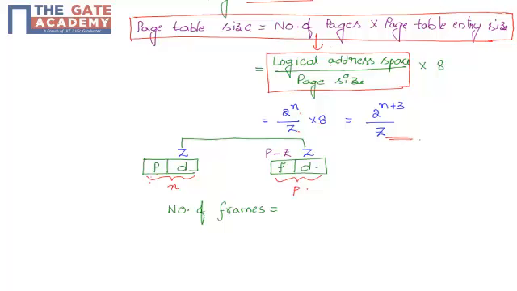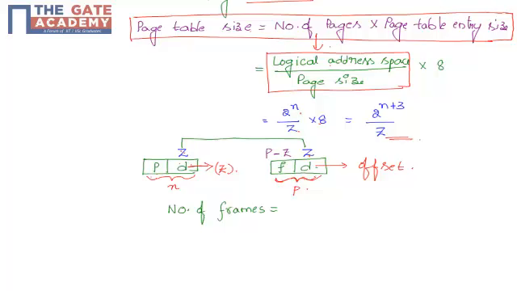Here n is nothing but logical address space and p is nothing but physical address space. Both will have a common part, which is the offset. It is represented by d and which is nothing but z. D is nothing but offset. And this is common and same, so z and z.